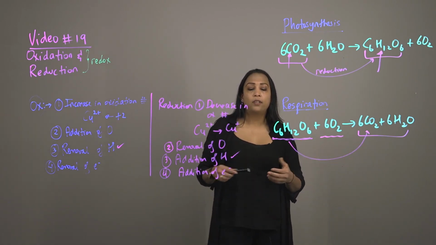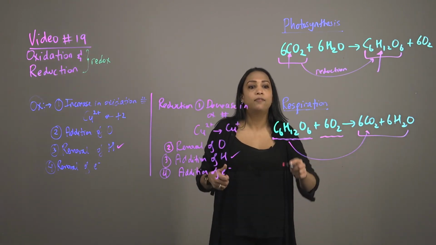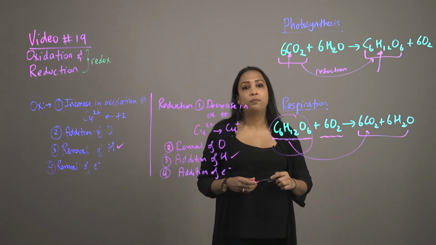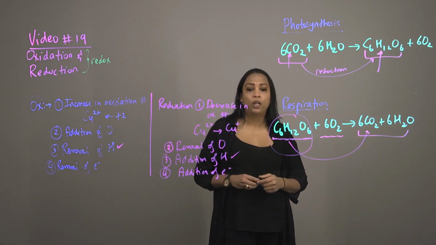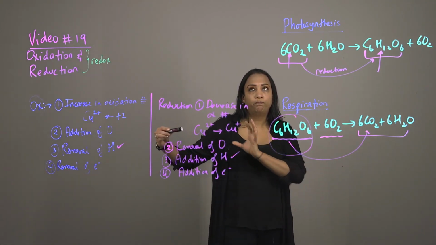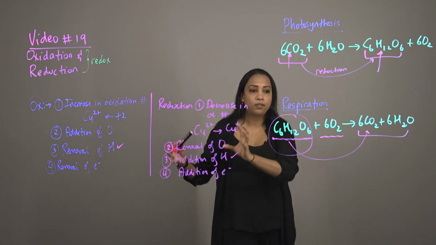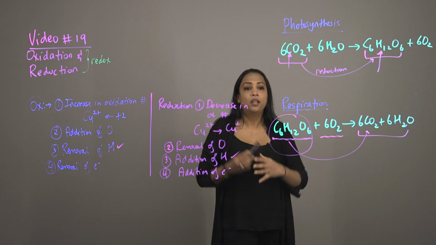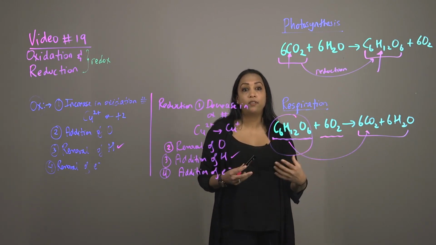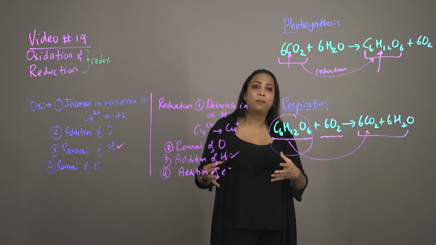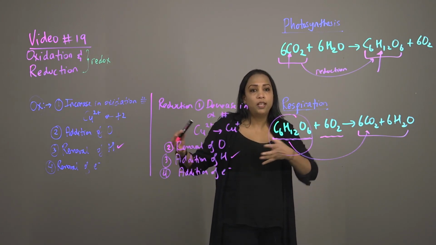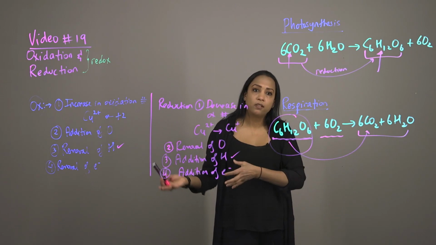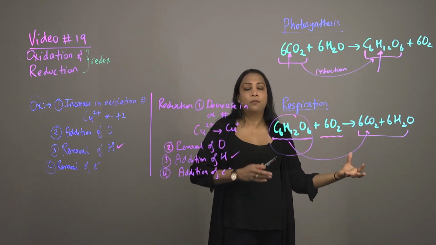So if you think about the species that is itself oxidized, so if you think about here glucose being oxidized to CO2, the whole process of taking glucose and bringing it into carbon dioxide necessitates the removal of the hydrogen. And if we think about a chemical reaction, it needs to be balanced on both sides, where the atoms on the left-hand side are equal to the atoms on the right-hand side.